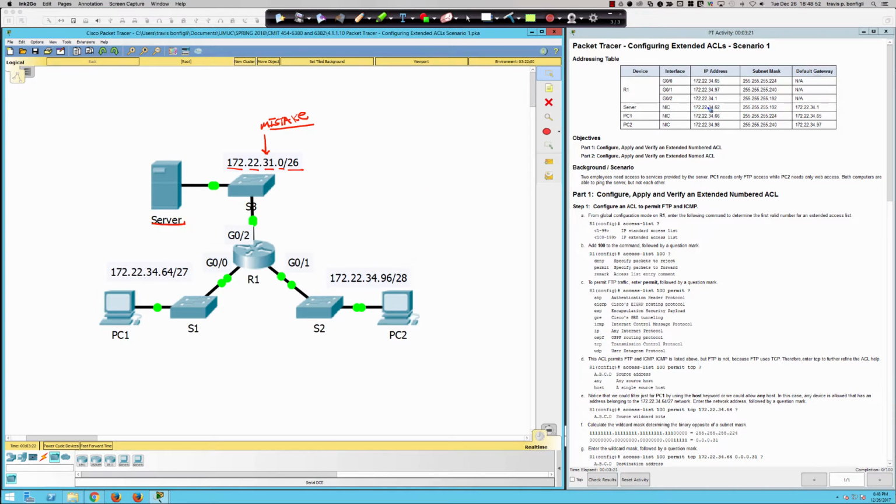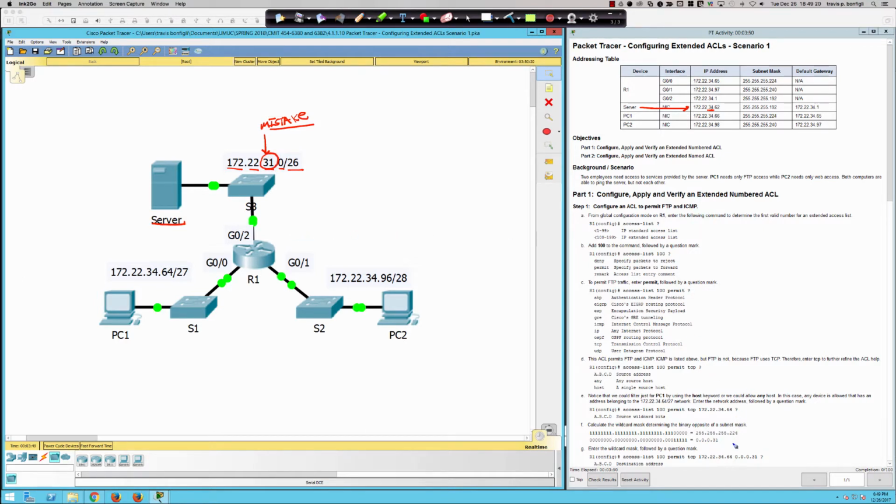But when you look over into the addressing table, take a look at what it says, server 172.22.34. So this entire activity is based around the 172.22.34.0 network that has been subnetted into a /26, a /27, and a /28. So that is clearly a mistake.